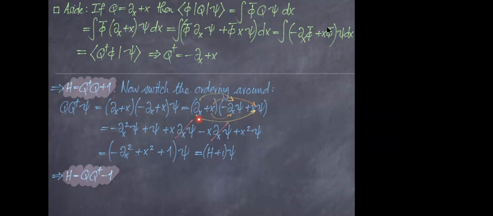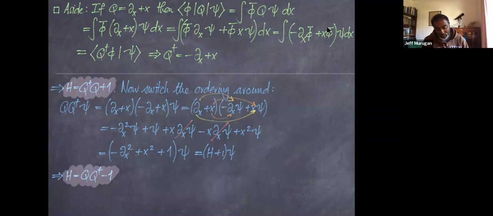So now the second operator q acting on this is dx acting on this, which will give me the second derivative here, plus dx acting on this thing. But dx is a derivative operator, and it's acting on the product of two things, so I've got to use the product rule. And using the product rule, it first acts on the x to give me just psi. Then it acts on the psi with the x multiplying it. Can you see that?